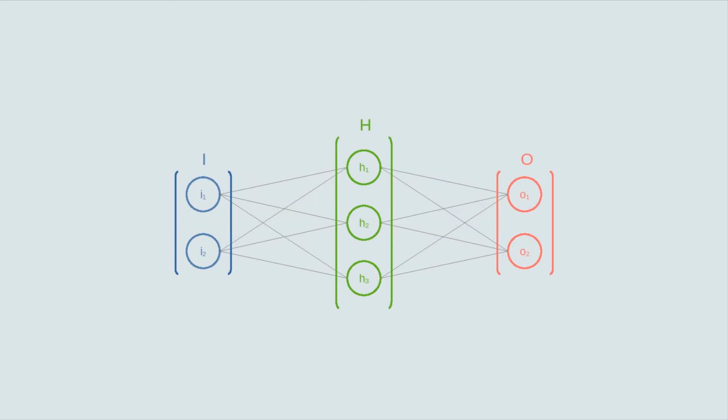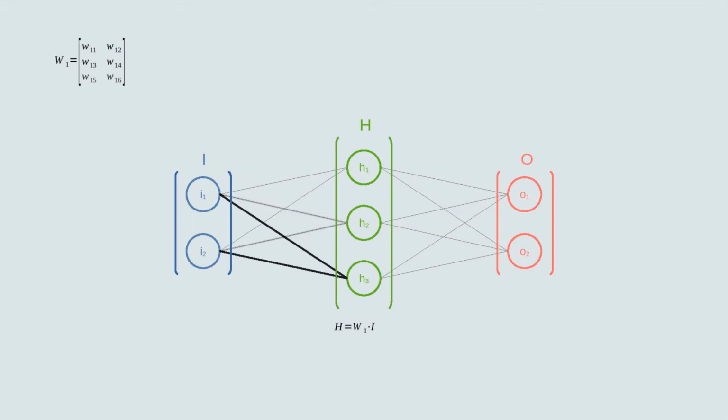To start, the vector H is the result of multiplying the vector I with another matrix W1 that defines the connections between the neurons. The first row of the matrix will contain W11 that defines the connection of I1 to H1 and W12 that defines the connection of I2 to H1. The second row will contain W13 that defines the connection of I1 to H2 and W14 that defines the connection of I2 to H2.